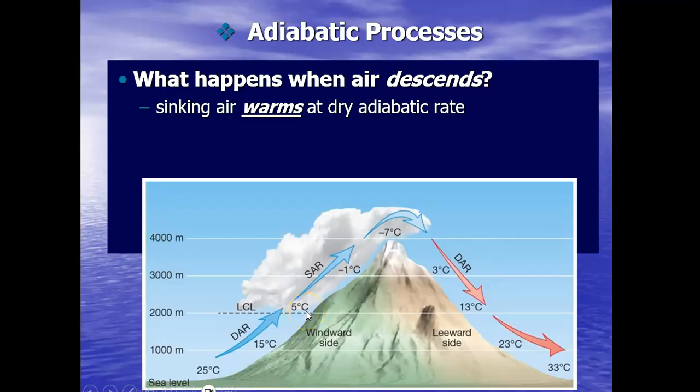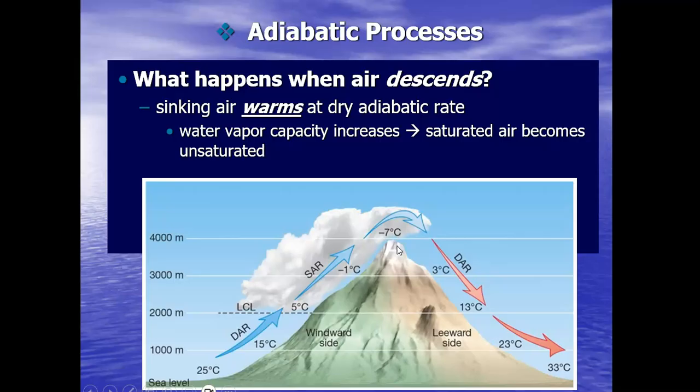So now we need to switch to our saturated adiabatic rate. Minus 6 gives us negative 1 degree Celsius. Minus 6 again gives us negative 7 degrees Celsius. But now that the air is going to compress and descend, we're going to see warming.